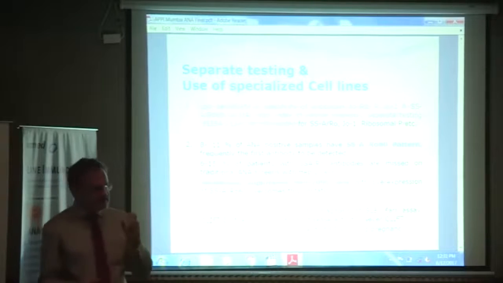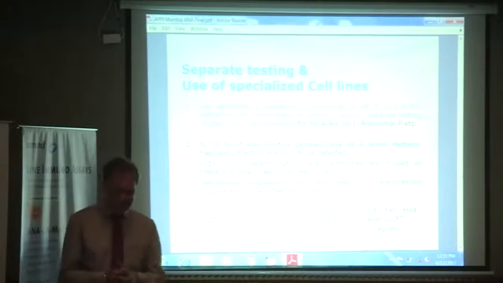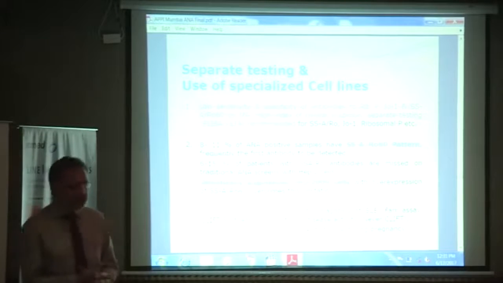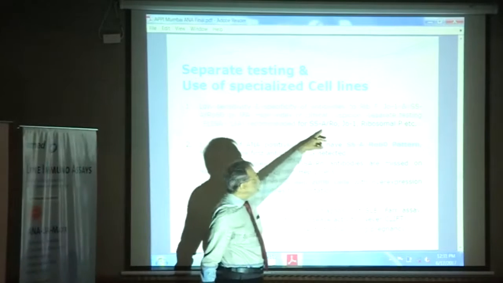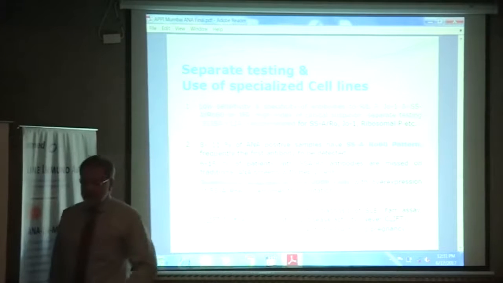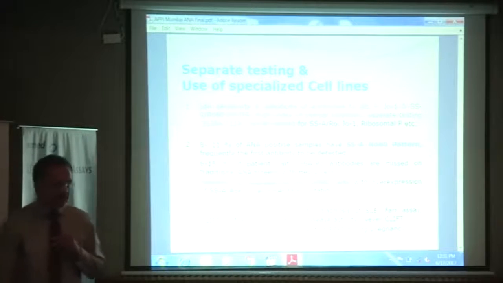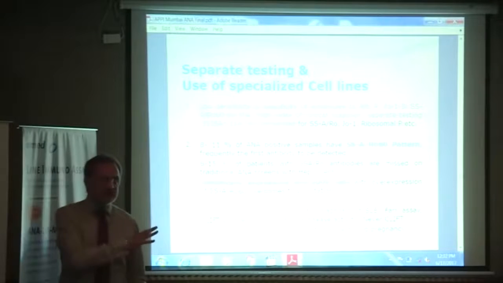Separate testing is recommended for certain typical indications. One indication, as we have seen before, is when you are dealing with antibodies against SSA, Ro, Jo-1 and ribosomal P, where you have to do additional testing too. Clinicians would decide upon this.